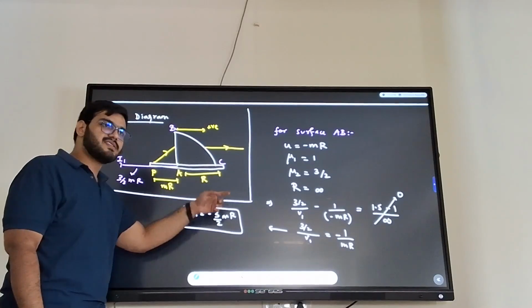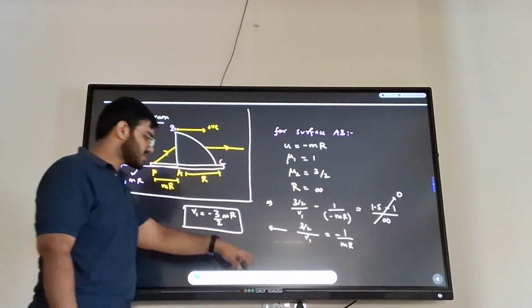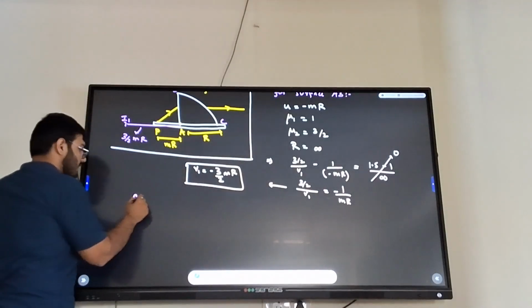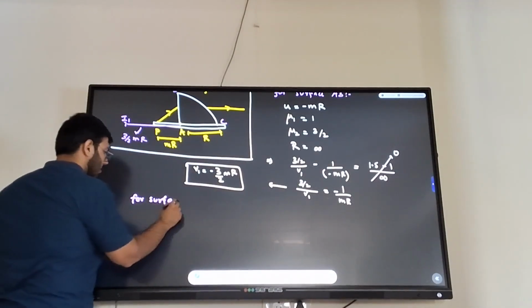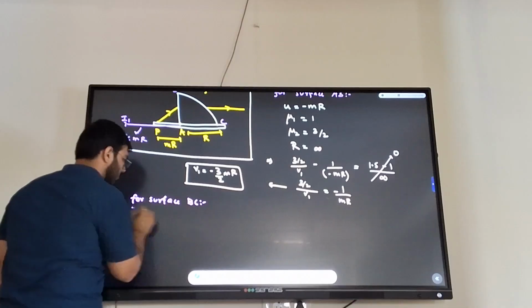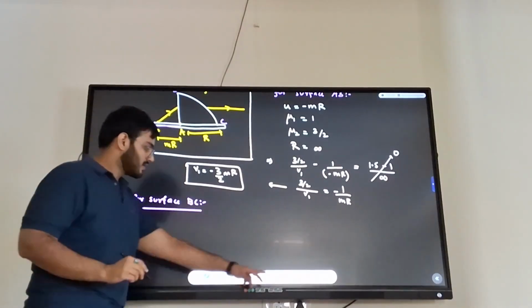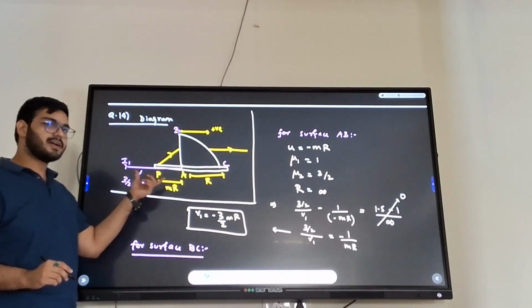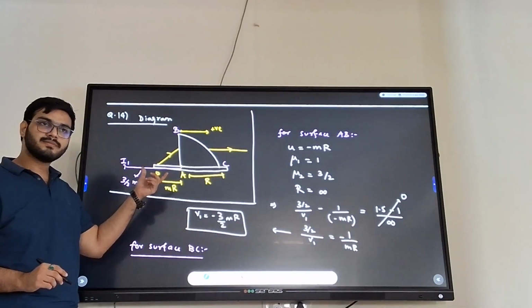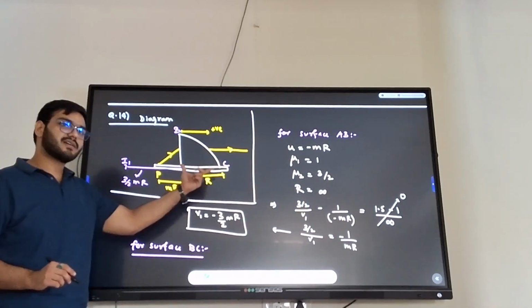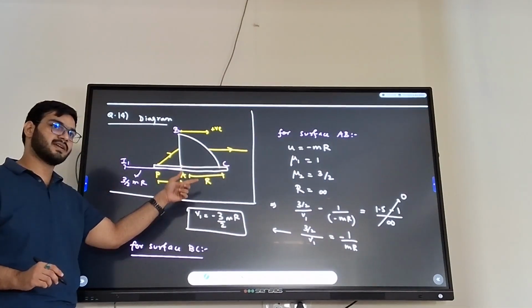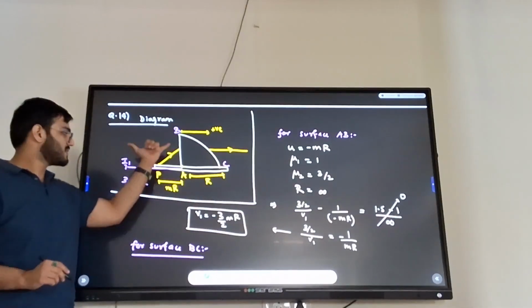For the surface BC, can you tell me the data? What should be u? For surface BC, what is u? Minus 3 by 2 mr. And do I have to add anything? Plus R. Because the refraction is occurring from this surface, no? And we found this from the other surface.